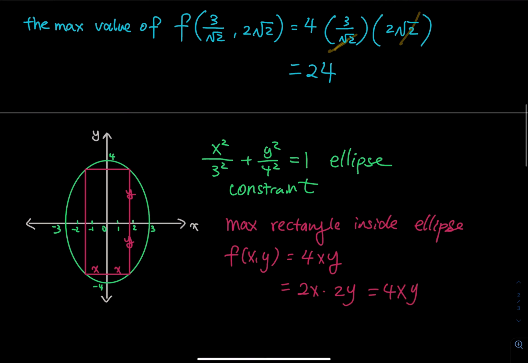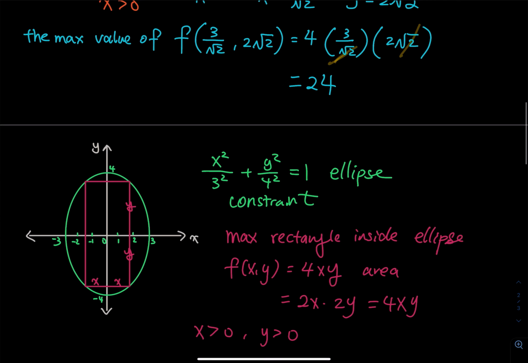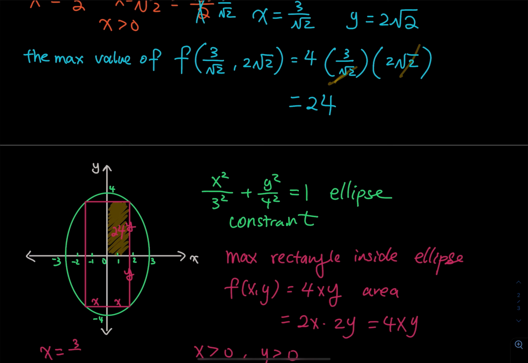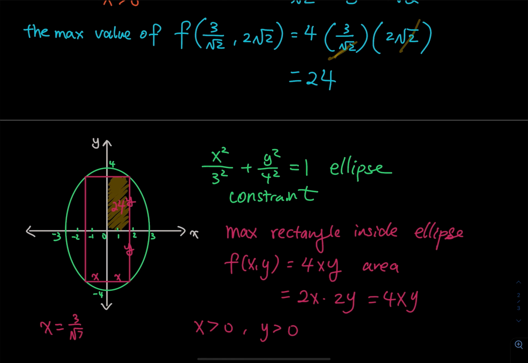Since they restrict that x and y must be greater than 0, that stands for the area. So if you highlight the first quadrant where x and y are greater than 0, the area is 24. In order to achieve this area, what did I get for x? That will be 3 over root 2.